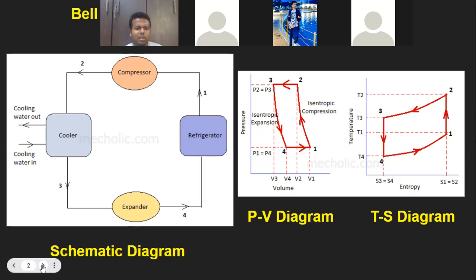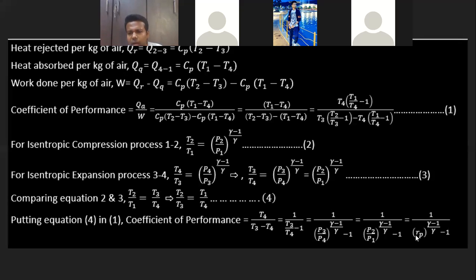So remember it in this form: 1 upon maximum pressure by minimum pressure raised to power gamma minus 1 by gamma, minus 1. This is the best way to remember it, in terms of maximum and minimum.